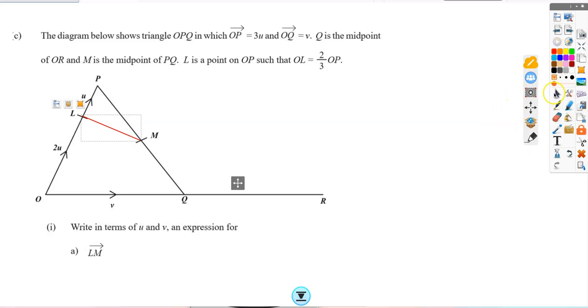So we want the resultant LM. To get LM, we're going to have to travel along this route here, LP and then PM. So LM is equal to LP plus PM.